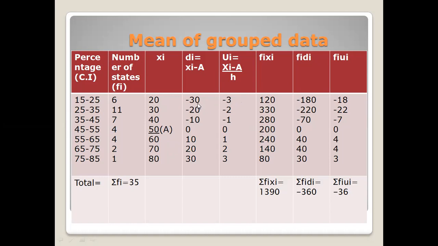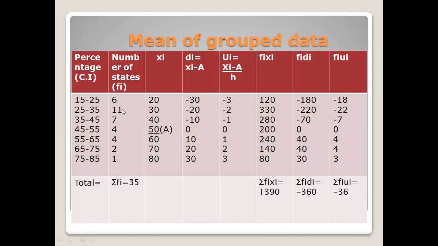Now the ui column is xi minus a by h. Here the xi minus a value is already there, minus 30, and h is 10. Minus 30 by 10 gives you minus 3, minus 20 by 10 is minus 2, minus 10 by 10 is minus 1, 0 by 10 is 0, 10 by 10 is 1, 20 by 10 is 2, 30 by 10 is 3. Now the next column is fi xi.